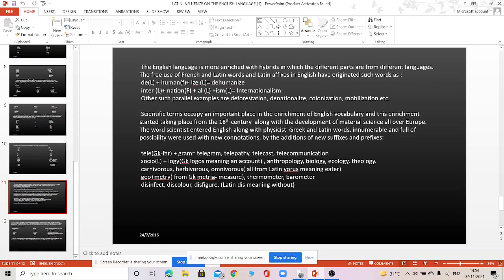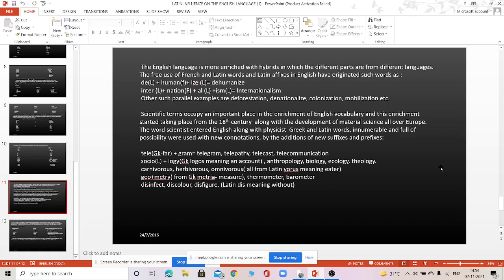আবার এখানে দেখো সোশিও ল্যাটিন প্লাস লজি গ্রিকে লোগস, লজিটা থেকে আসছে, লোগস মিনিং অ্যান অ্যাকাউন্ট। So it becomes sociology, so the subject of sociology or anthropology, so like that biology, ecology, study of life around us, ecology study of the environment, theology study of religion, religious doctrine, so like the anthropology study of man, human beings.